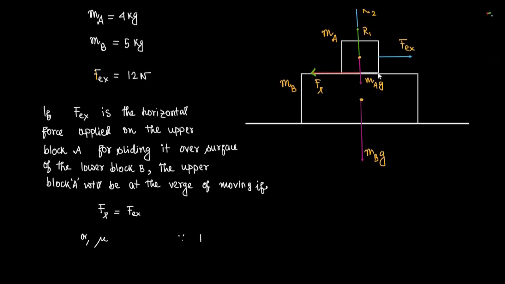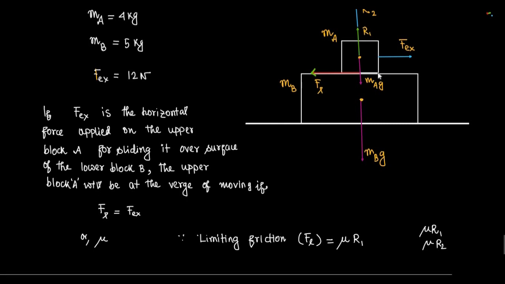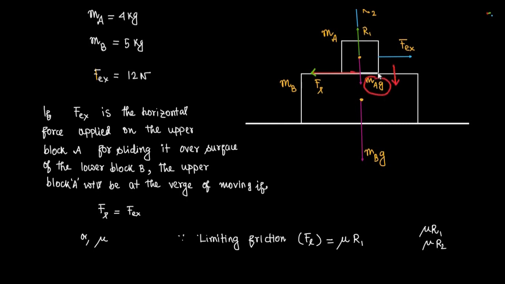That means Fl is equal to Fex, and here the limiting friction Fl is equal to mu into R1, where Mag is the weight which is acting downwards, Fl is the limiting friction which acts in the opposite direction, and the normal reaction is R1.